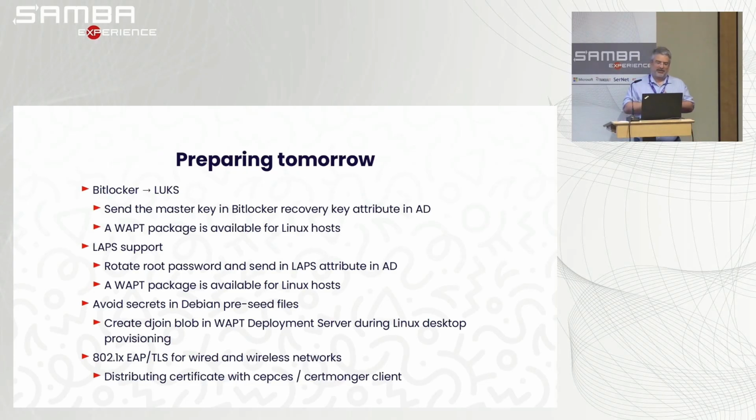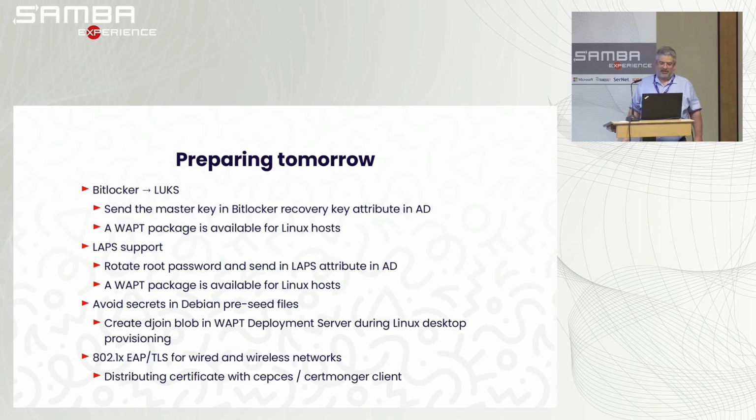We also, when doing deployment, people are used to pre-joining the computer into the domain, so there is no login and password sent to the desktop. Because when you are joining a new computer, if you want to do it automatically, you have to have a login and password in the deployment file. So that's not good.